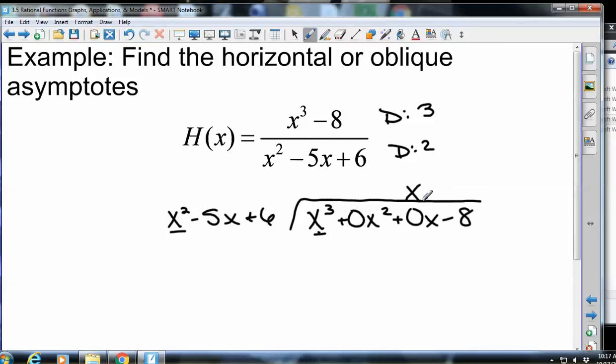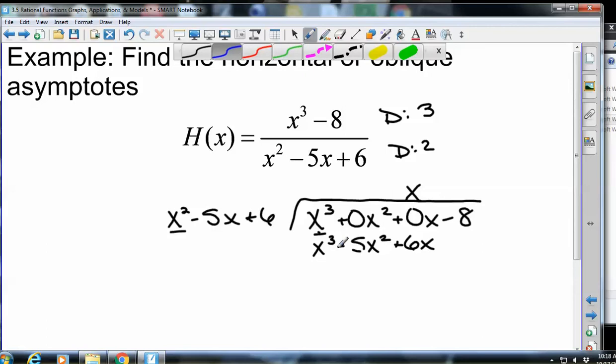So just divide those first terms. Once you get that, you have to multiply. So I have to take x times all of that. Switch this on. You want to essentially subtract it off, so best option would be to change all your signs and you can just add them.